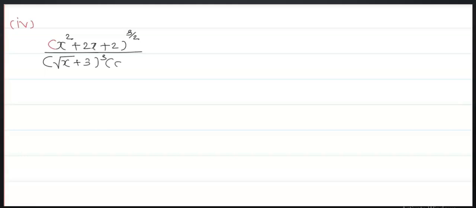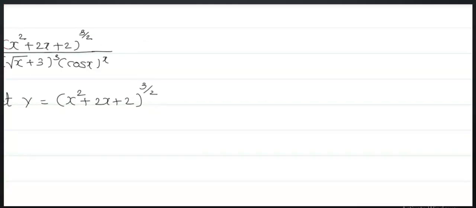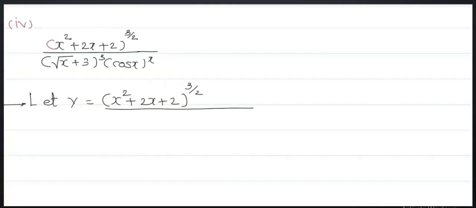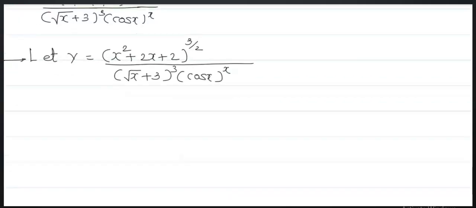Now the next is the fourth one: x square plus 2x plus 2 raised to 3 by 2, upon root x plus 3 whole cube, into cos x whole raised to x. Let y be equal to this.